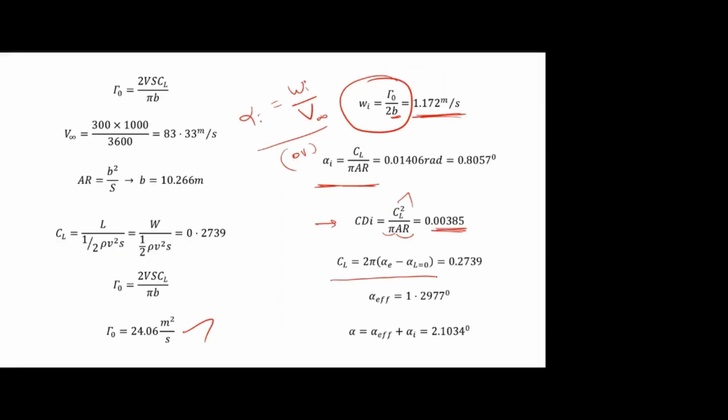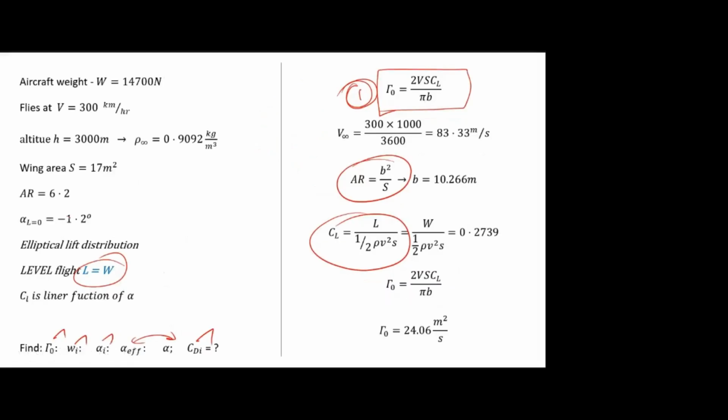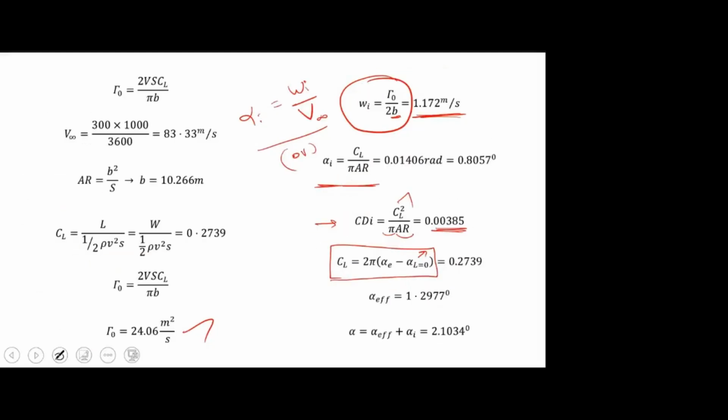That is the CL equation for the wing. CL is equal to 2 pi times alpha effective minus alpha L is equal to 0. So alpha L is equal to 0 is given. I think it is minus 1.2 degree. Substitute 2 pi, CL value, everything is known. From this you can find the alpha effective. Once you know the alpha effective, we can find the total alpha, which is alpha effective plus alpha I.